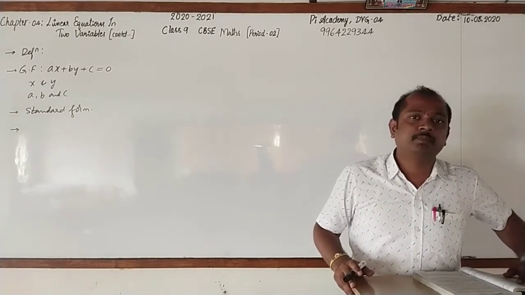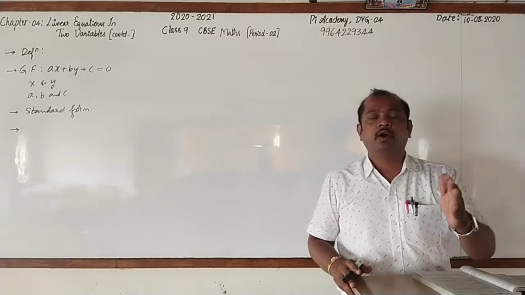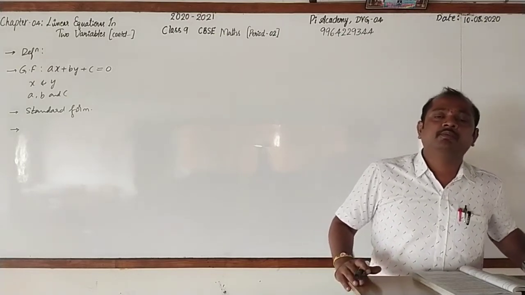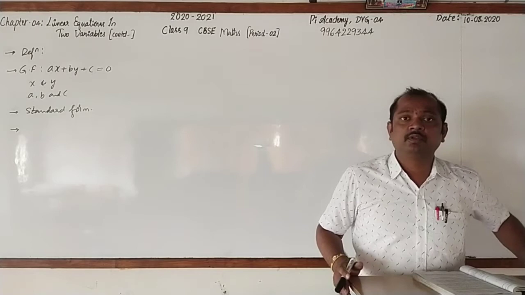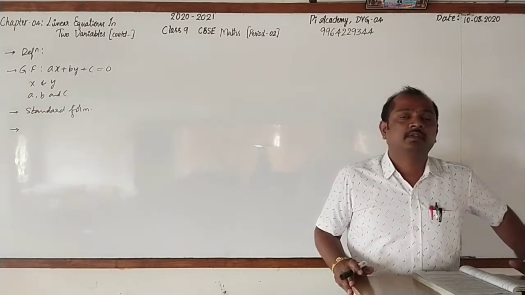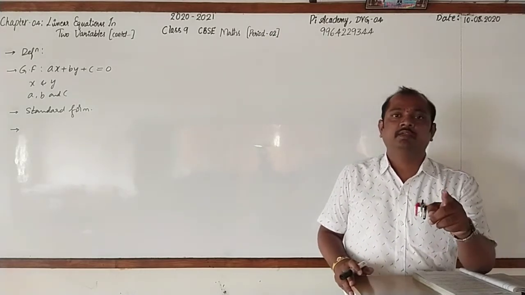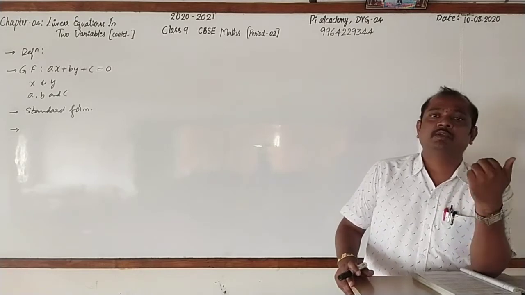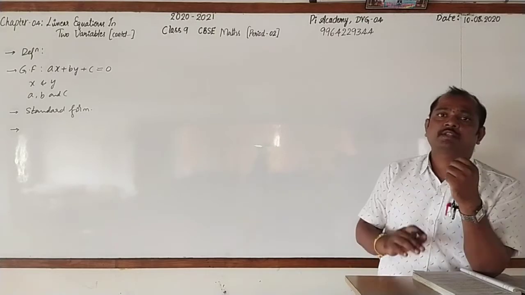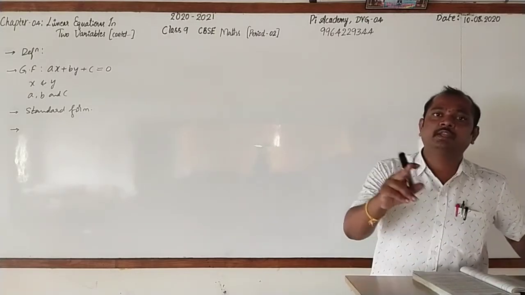But from the examination point of view, they will ask you to find any 2 or 4 or 6 solutions. Got it? We also checked whether the given numbers are solutions of the given equation. Next, one more point, finding the value of k when a solution of the given equation is given. Right?